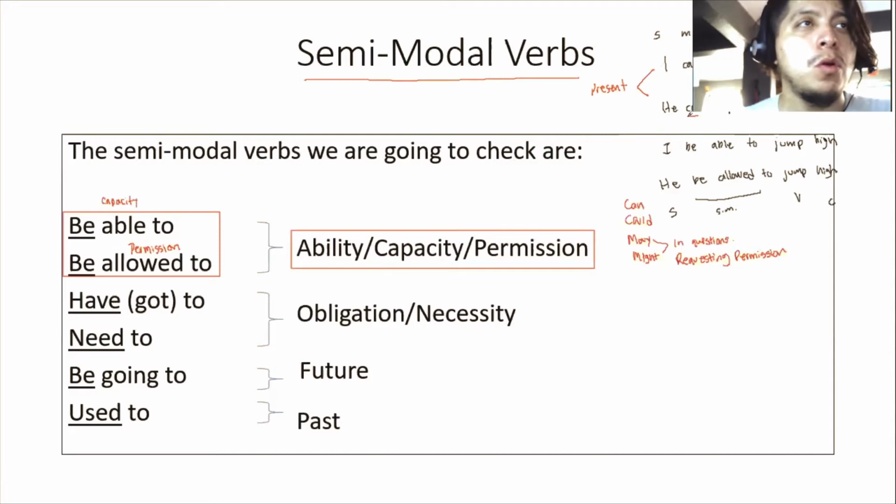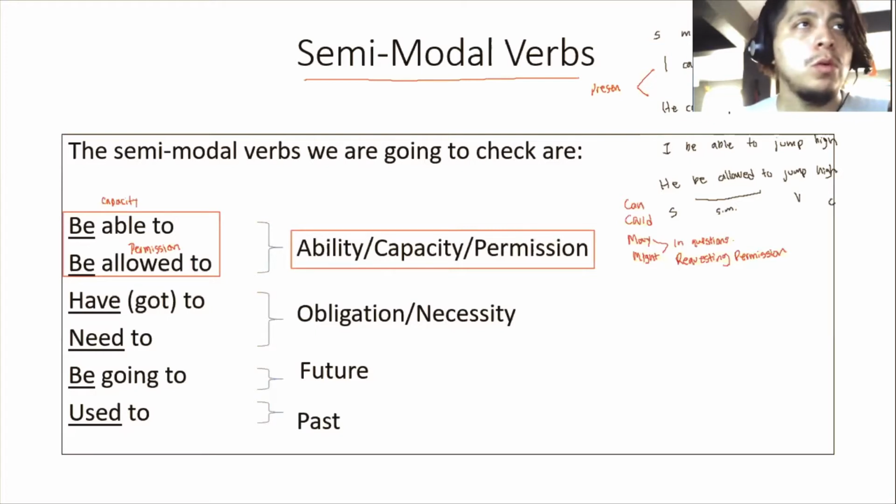Well, remember, could can be in the past if you have a time marker, something like, when I was a kid, I could jump high. This could may be in the past because the context is in the past. But normally, if you don't have the context, could is in the present. So both of them are in the present and none of them can be in the future.